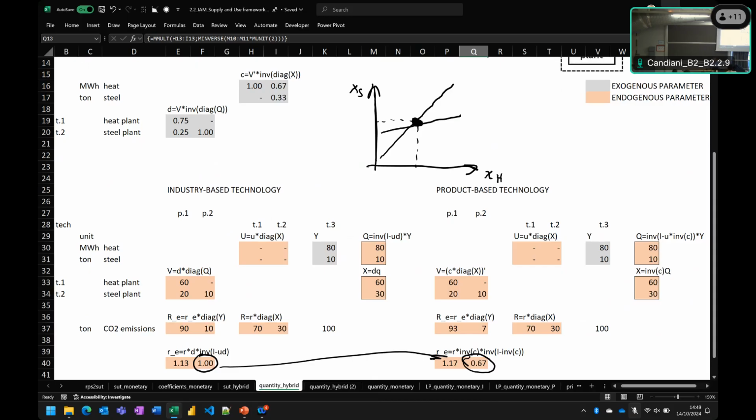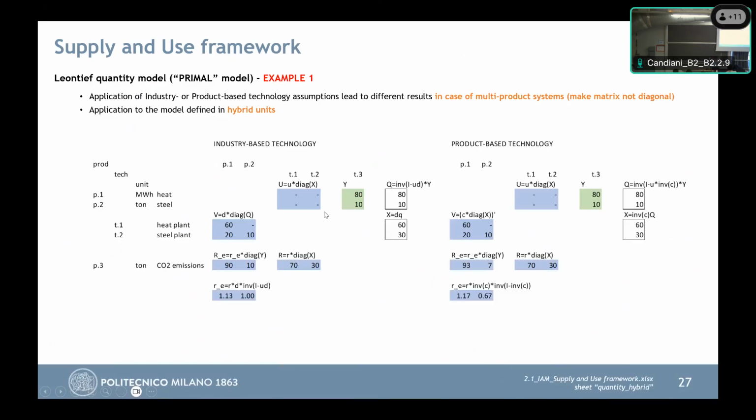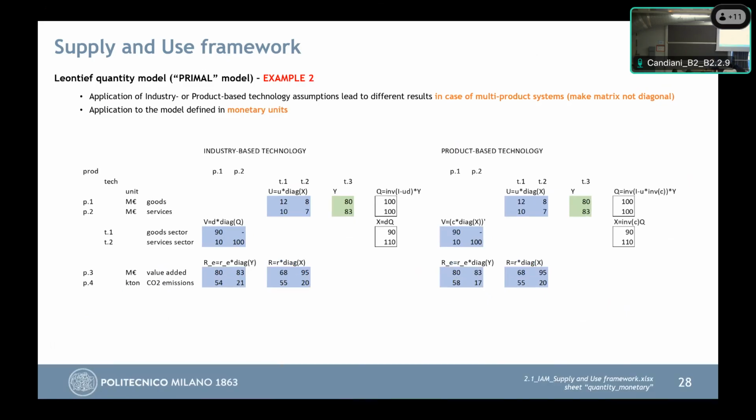Okay, let's jump back to the very last. First, here there's the example that we already saw with the same numbers, in the Excel. I put for you another example, example 2, with the same structure but in homogeneous monetary units, with also some intermediate uses.